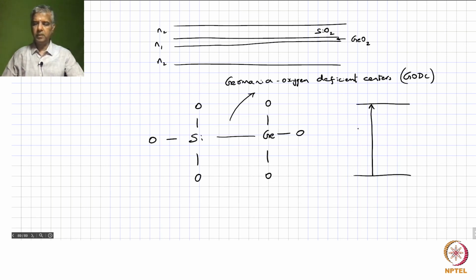The interesting part is this germanium oxygen deficient center has an absorption spectrum like this. It's resonant at a wavelength of about 244 nanometers. So if you illuminate this with 244 nanometers, you end up breaking that bond, and when you break that bond, it rearranges itself.